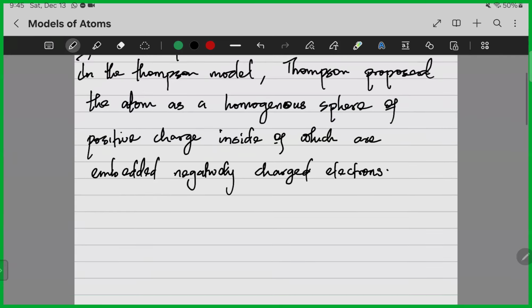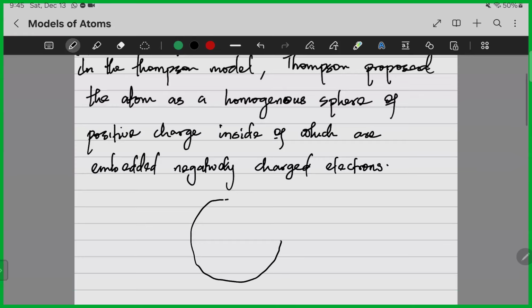So the idea here by Thomson is that the atom is a positively charged sphere that has electrons inside.